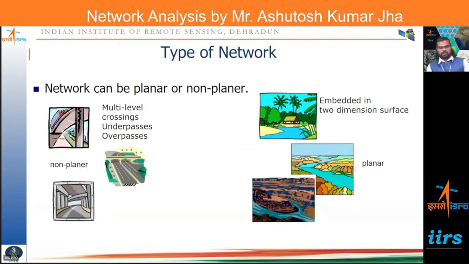If you have a bridge and other network components, then those fall into non-planar networks, and that can be multi-level. You're going to have more than one plane in which the different kinds of edges can be put. The other examples are tunnels and underbridges and so on.